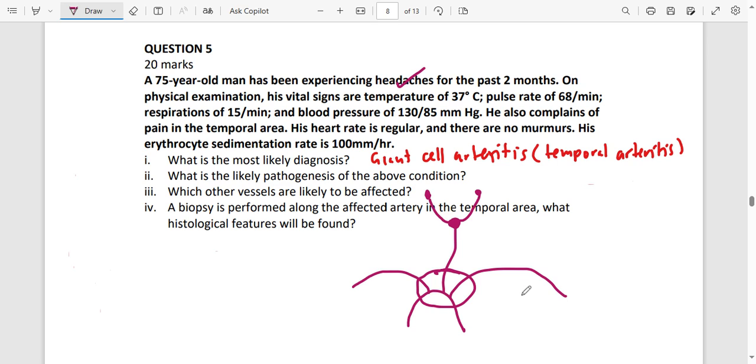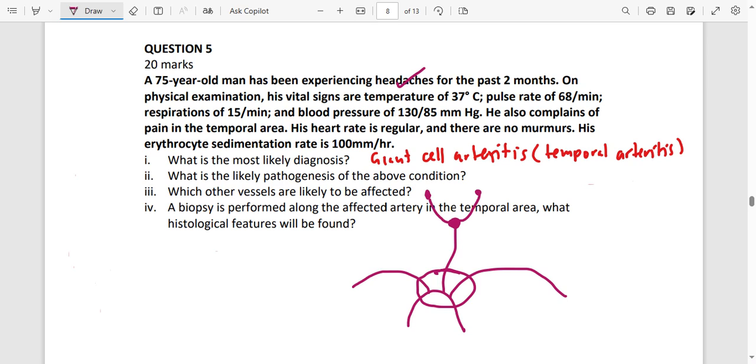If the vertebral artery is affected, there's going to be vertebral insufficiency, because remember the lumen is going to become smaller. If the carotid arteries are affected, that is going to result in stroke because this artery supplies the brain.